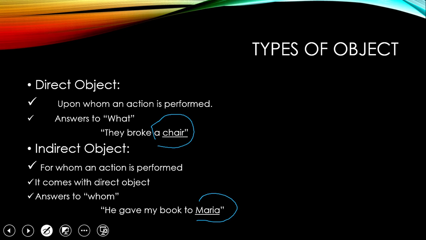Direct object was my book. And indirect object responds to the questions that can be stated with whom. For example, if I say he gave my book to whom, I would get the answer that he gave your book to Maria. So that Maria would be indirect object because the whole action is performed for her.